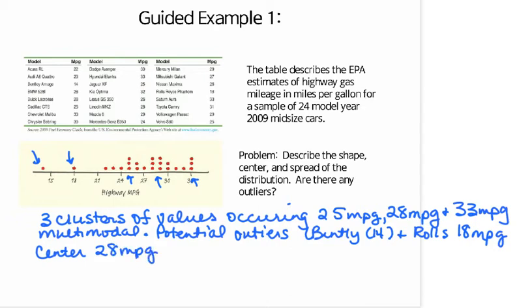And so a typical model year would get 28 miles per gallon. As far as the spread, the only thing we know to use would be the range. And the range would tell us that the difference is 33 minus 14, which is 19 miles per gallon. So that pretty much sums up what we see in this.